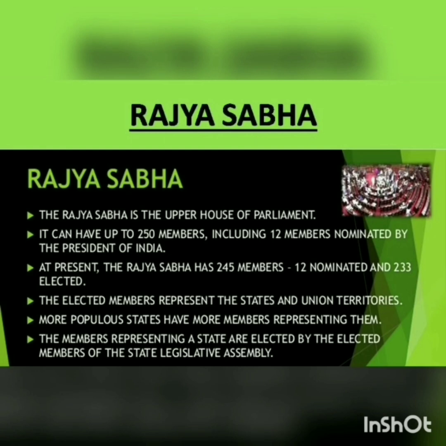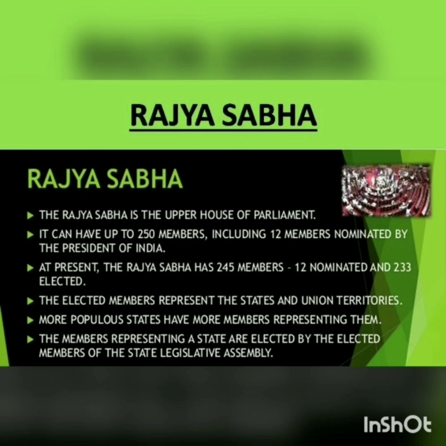Now see the composition of Rajya Sabha. There can be a maximum of 250 members in the Rajya Sabha, out of which 238 members represent the states and the union territories, and 12 members are nominated by the president, who are eminent personalities from different walks of life like arts, music, sports, literature, etc. At present, the Rajya Sabha has 245 members, in which 12 members are nominated and 233 are elected.